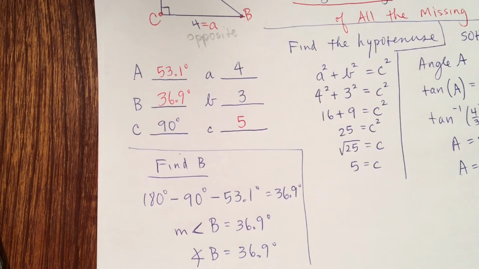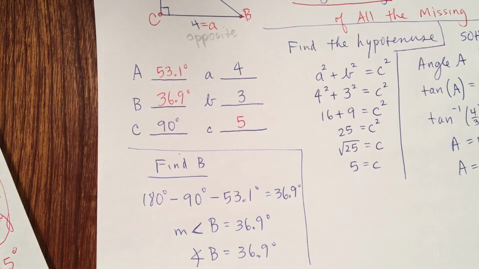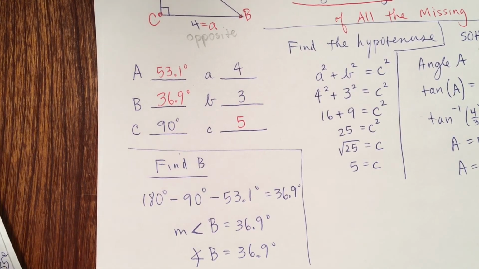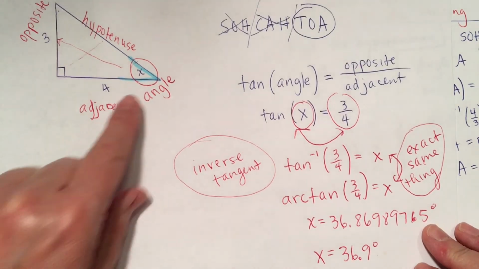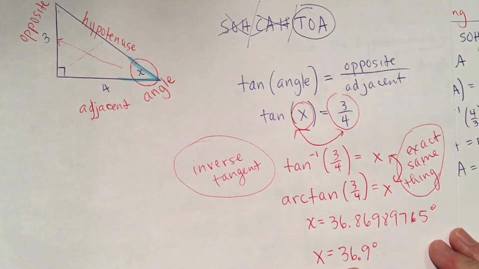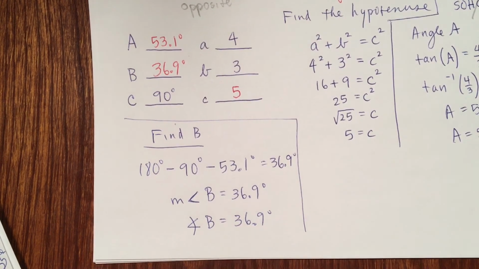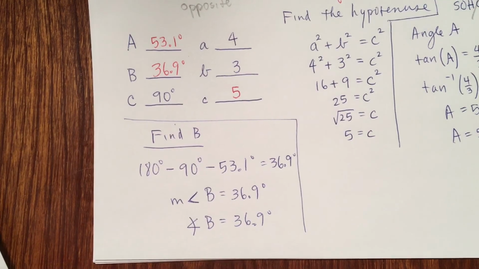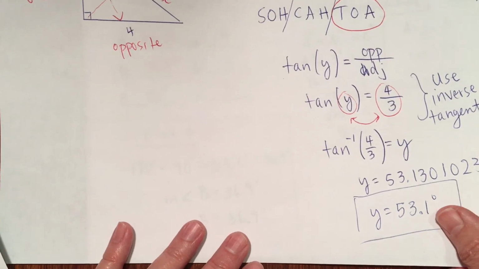And if you look back at the other three problems we've worked, they're all the same. Here's my first one where I used tangent to find x, which is actually angle B on this one. And then I used tangent to find angle y.